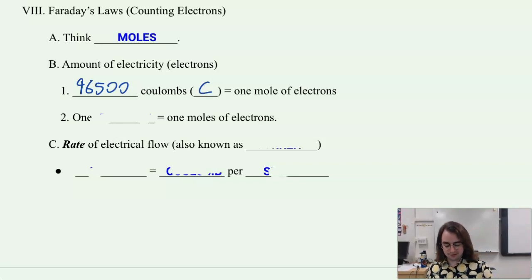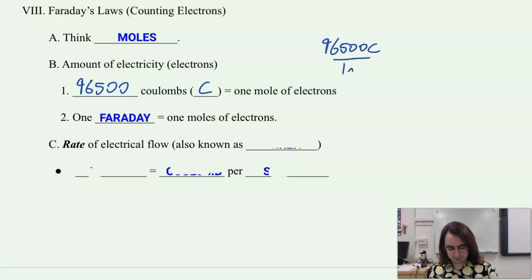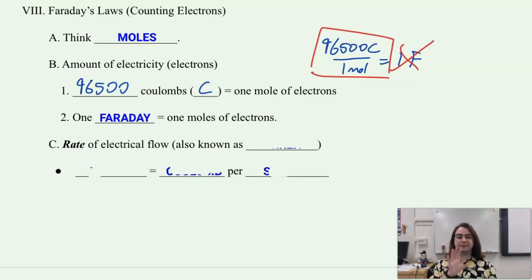Now, we also call this a Faraday. So, in other words, 96,500 C over 1 mole equals 1 Faraday. But we're really not going to be calling it Faradays. We're going to be focusing on that relationship between coulombs and moles.